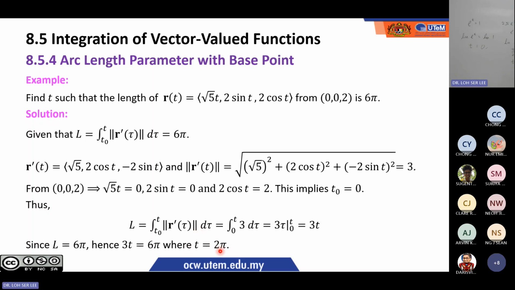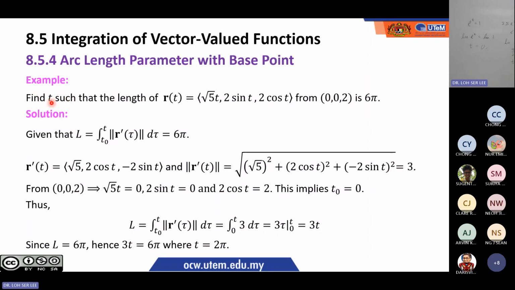And if the question wants you to give the ending point, then after you get this, you have to substitute this t back in to get the corresponding point as the final answer. Here we find up to t only because here we just need to find t.